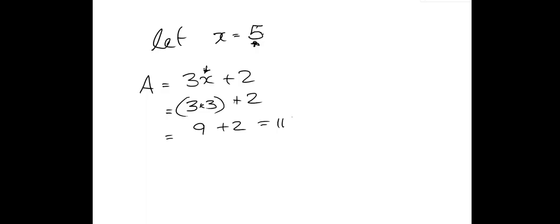Well, yeah, the numbers that we have in this bracket are now no longer the correct ones. So it's now going to be 3 times 5 plus 2. 3 times 5 is 15. So the answer now is going to be 17.